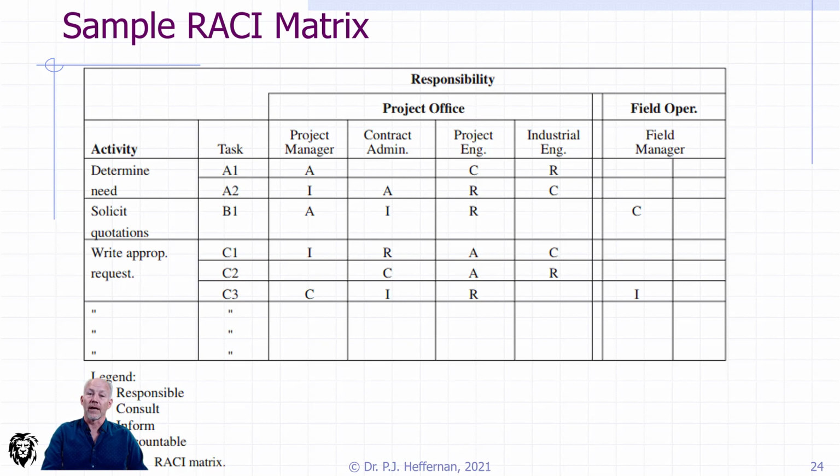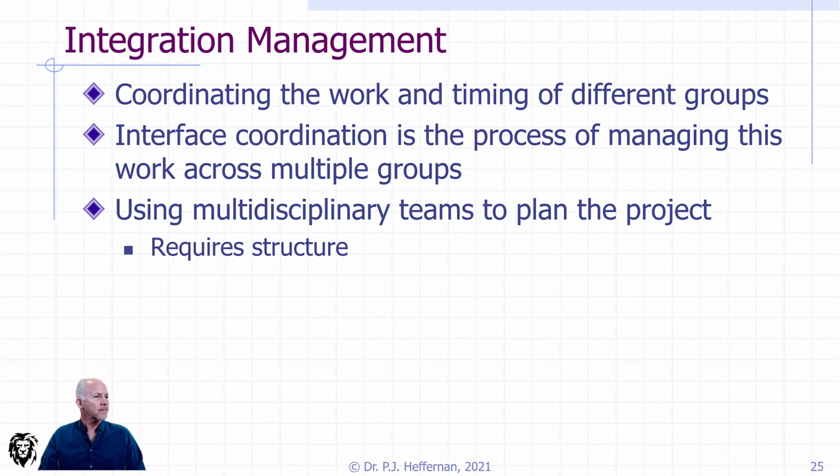So this keeps a fairly comprehensive table of who's responsible for what, who's accountable for what, who should be informed when something is changing, and is considered a really good tool to help with that integration management. Coordinating the work and timing of different groups really is what integration management is all about. Any project has quite a few different groups working, unbeknownst to the other groups.